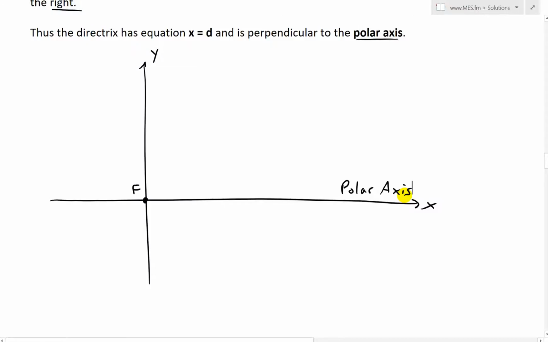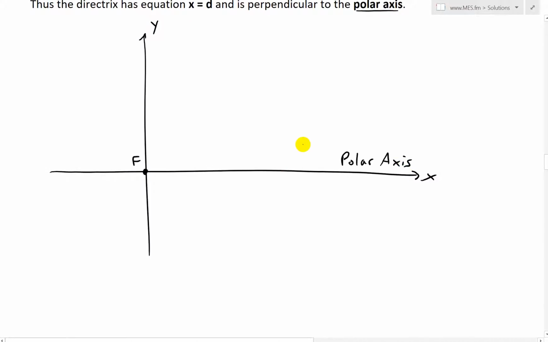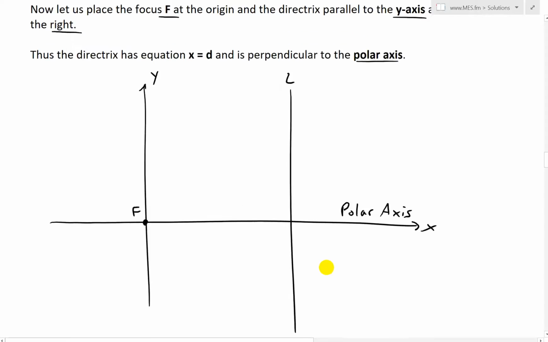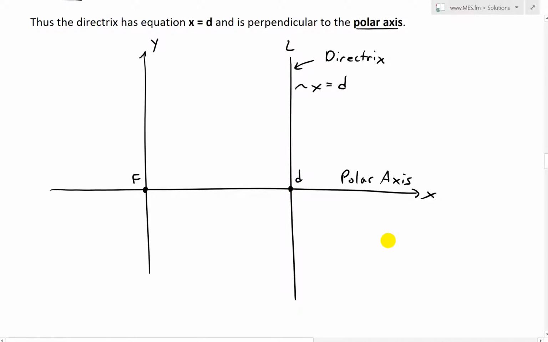This is for polar coordinates. And now I'll draw the directrix like this. This is going to be L, and its equation is x equals d, and this is the directrix like that. And this distance is d to the right of F, the focus, which is at the origin.